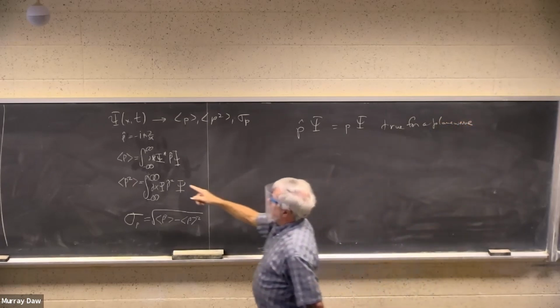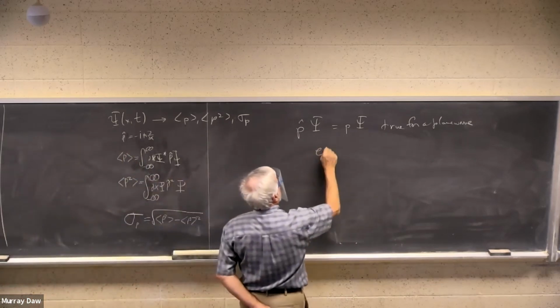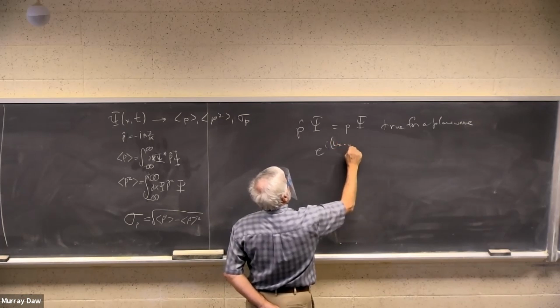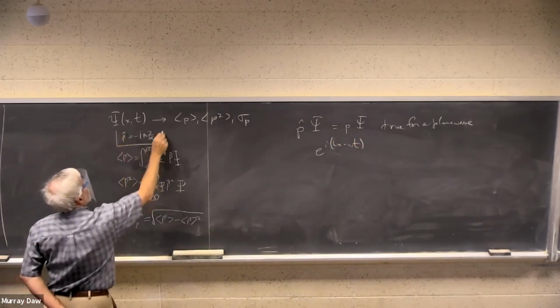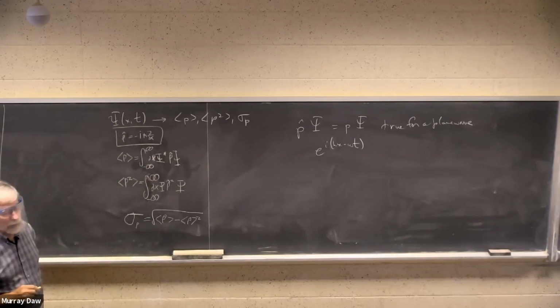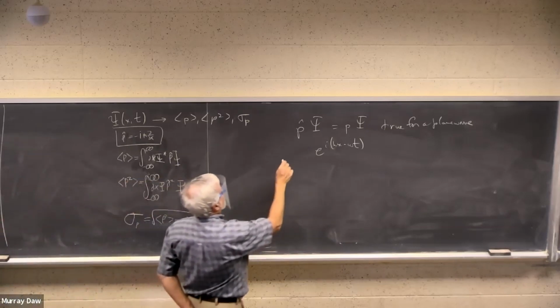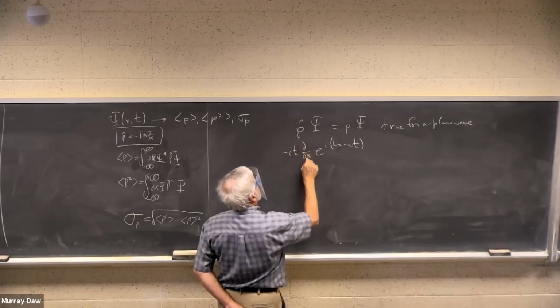Right, let's try that. Let's put in a plane wave, e to the i(kx minus omega t), and apply this operator. This is the key here. The momentum operator acting on the wave function of x and t is minus i h bar d by dx.